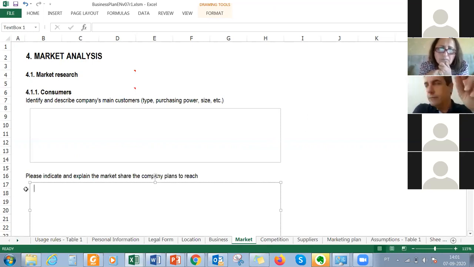But I have to mention that there is not one template that is the perfect template for a business plan. If you look on the internet or in any books about business plans, there are many possible templates.